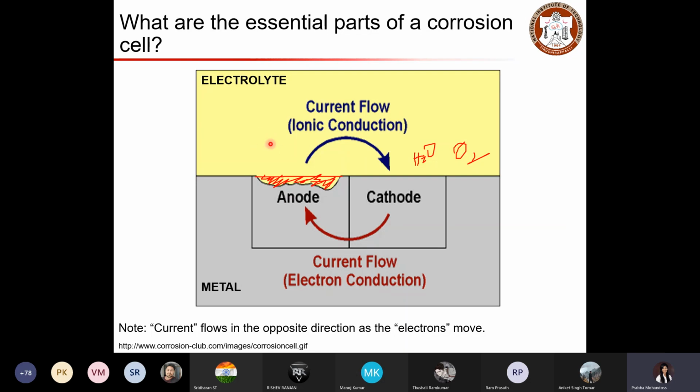For example, if you have Fe metal here, you will have some ionic conduction from anode to cathode, so it will lose some amount of ions from the actual metal surface. Here you can note the current flows in the opposite direction to the electron, which moves from the cathode to the anode. When the electron moves from the cathode to the anode, the anode loses its ionic nature, and you will see the current flow from anode to cathode.